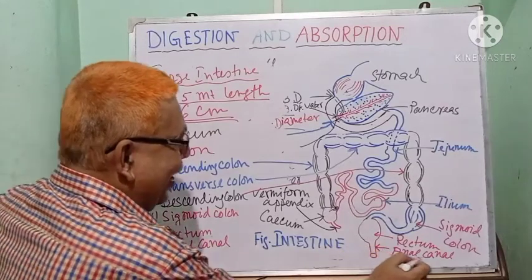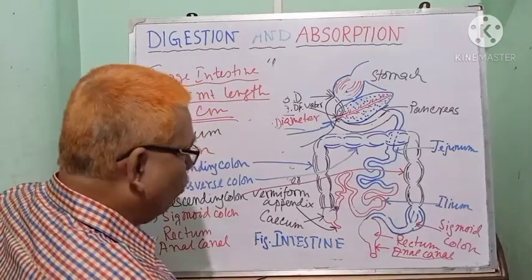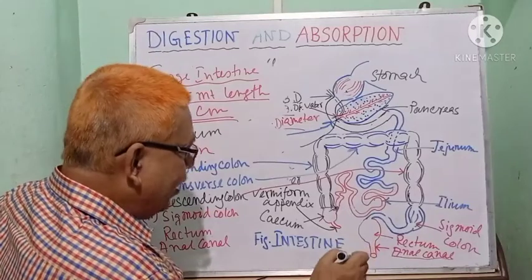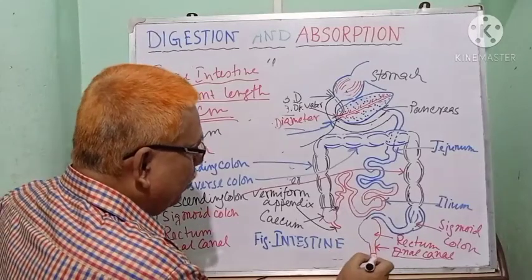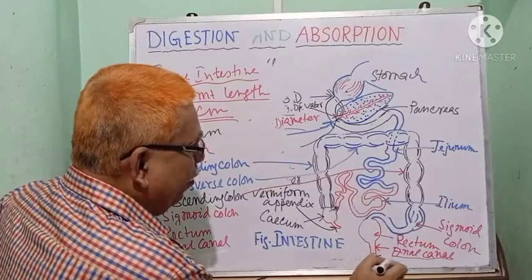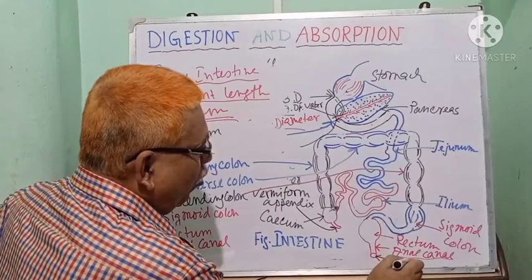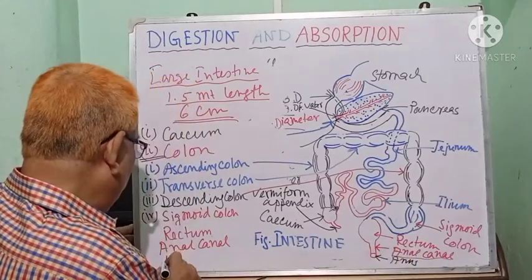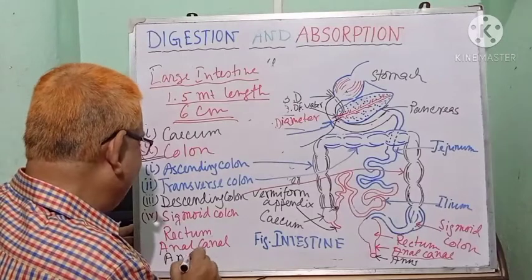And this anal canal opens to the exterior through an orifice. This is called the anus. So the next part is the anus.